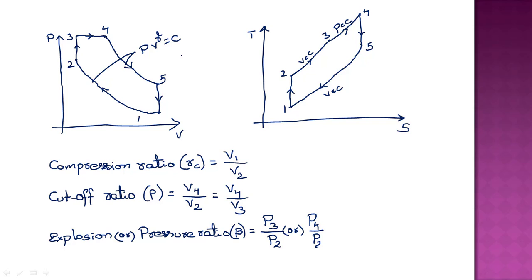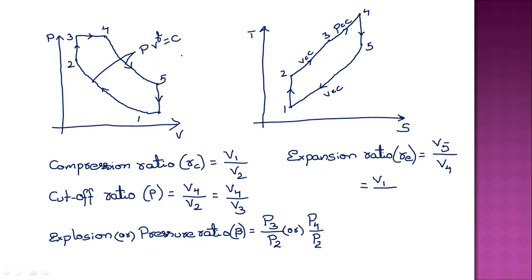Then coming to expansion ratio, expansion ratio is denoted by r_e, which is volume at the end of expansion V5 by volume at the beginning of expansion, which is V4. So we know that V5 is equal to V1 because 5 to 1 is constant volume process.